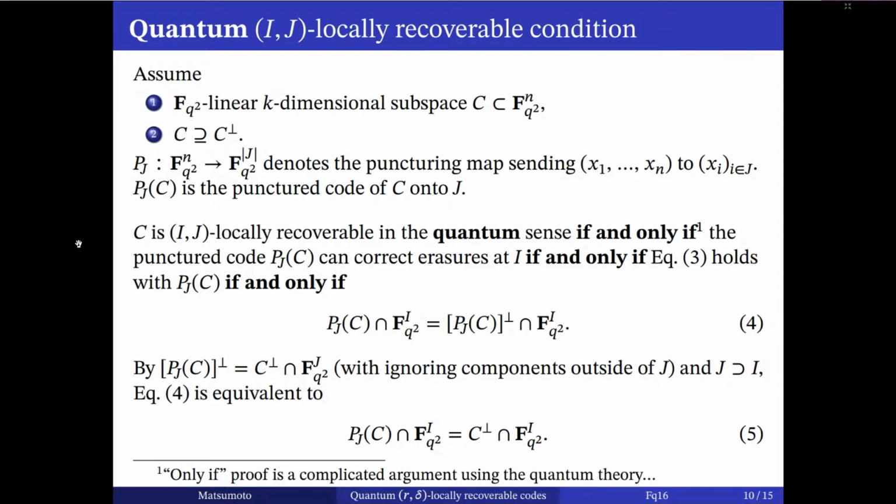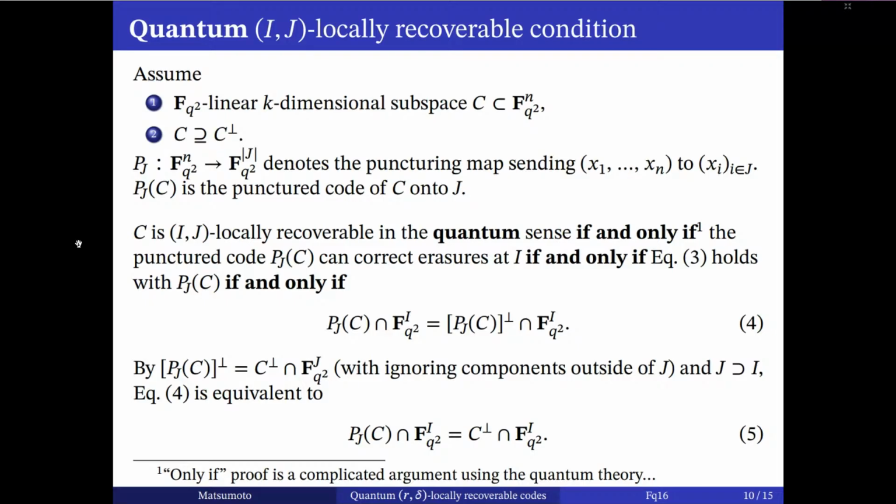C is Ij local recovery in the quantum sense if and only if the punctured code Pj of C can correct erasures at I, if and only if equation 3 in the previous page holds with Pj of C.